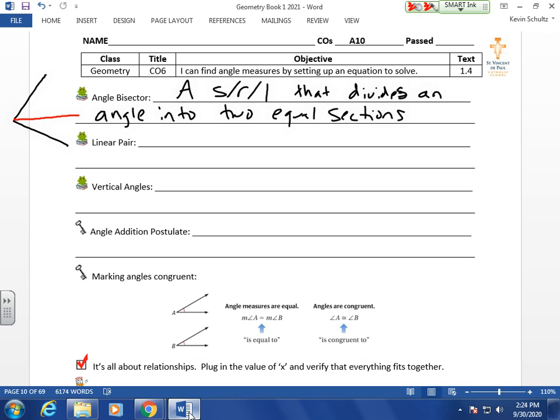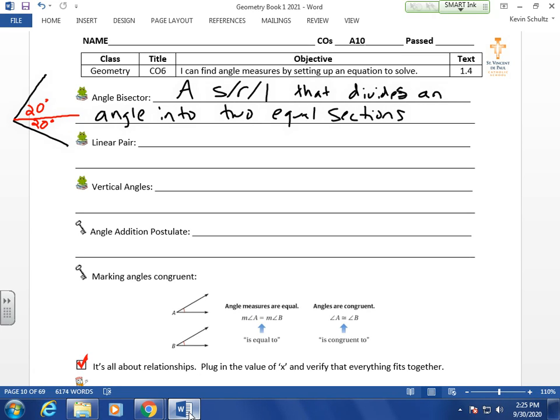So knowing that red segment there is an angle bisector, if I told you that this section was 20 degrees, you could then conclude that the other section is also 20 degrees, right? And the measure of the whole angle would be 40 degrees. Okay, so an angle bisector divides an angle into two equal sections. So if you know what one of those sections is, then you can find the other values of the angle.